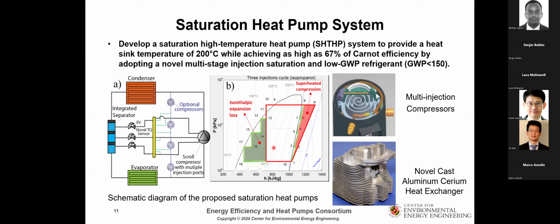When compared with the typical compression ratio of a single-stage mechanical gas compressor, which is around 2.5 to 4, the required total pressure ratio for such a high temperature heat pump, like 100 Kelvin lift, would be over 12.